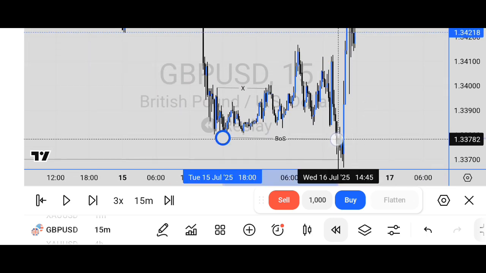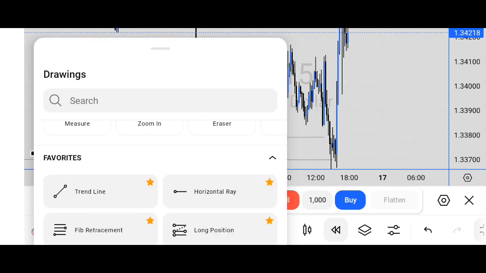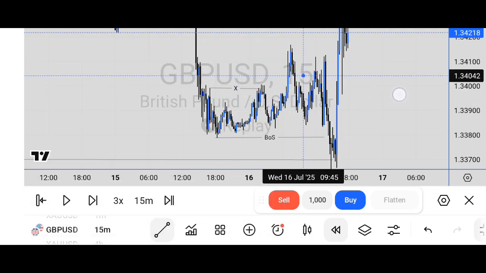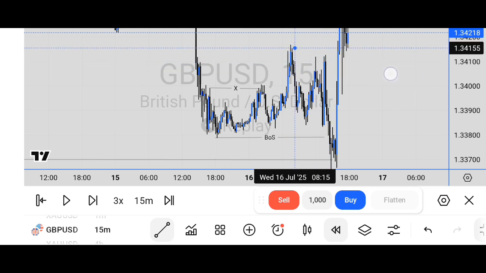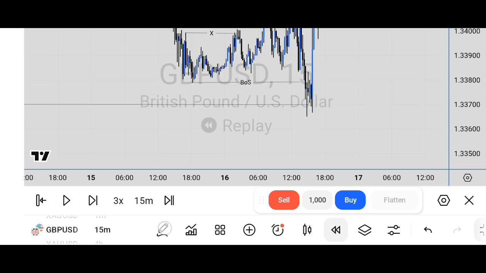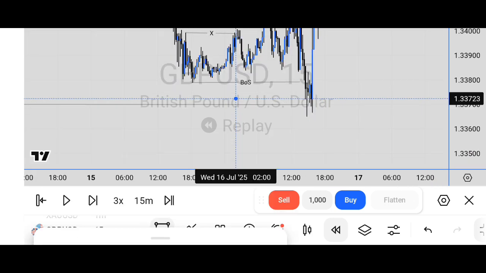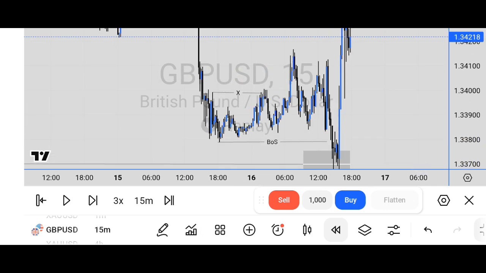So since we have a valid break of structure, where is our next inducement? This is supposed to be our inducement, this high, but since price already tapped into a higher time frame POI, which is here, and we already have a break of structure here, we don't have any other inducement.